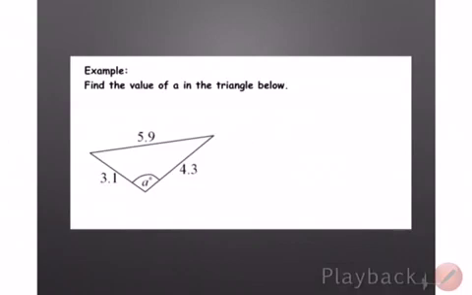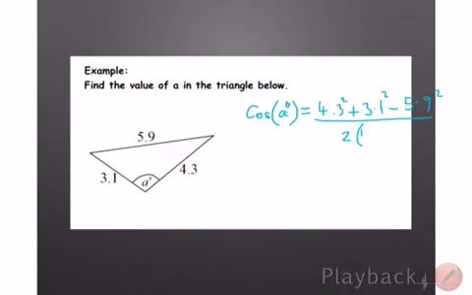In this one here, I'm trying to find the value of a, and a is an angle. So I'm going to use my other version of the formula. When I've rearranged it, cos of little a is equal to my other two sides squared, so my 4.3 squared plus my 3.1 squared, and then I take away the side opposite it, so it's the 5.9 squared, all over my 2 times my other two sides, which are 4.3 and 3.1.